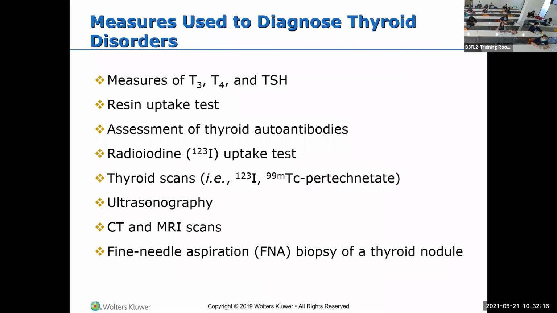Please highlight and remember, measures used to diagnose thyroid disorder. So we do use those, check all those numbers. Especially, please remember the numbers T3, T4, and thyroid stimulating hormone.